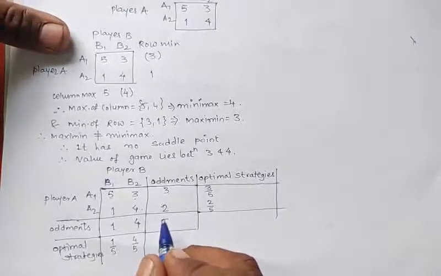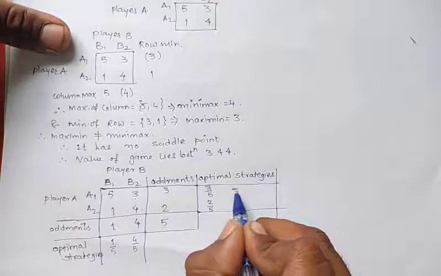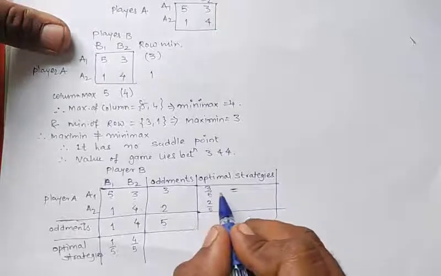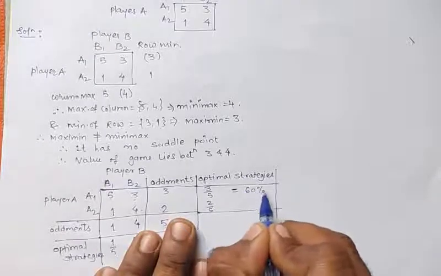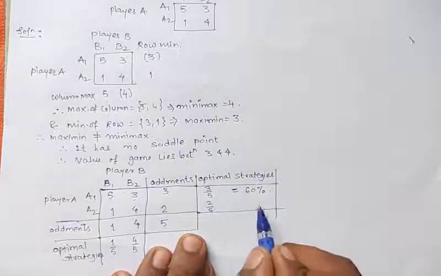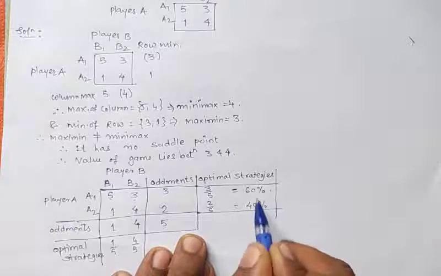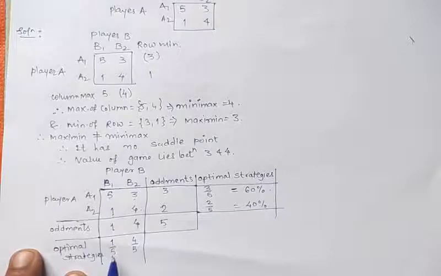Now we will calculate the percentage. After multiplying by 100, 3 by 5 into 100 gives 60% optimal strategy. After multiplying by 100, we get 40%. So the addition of these will be 100%. Again multiplying by 100, we get 20%, and after multiplying by 100, we get 80%.